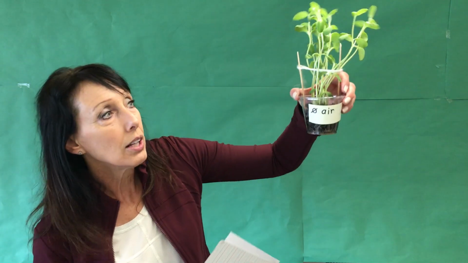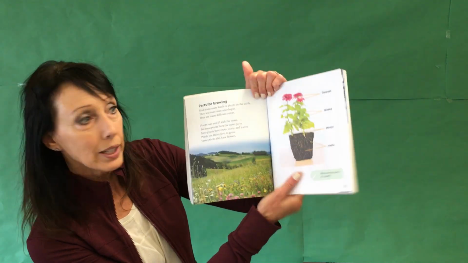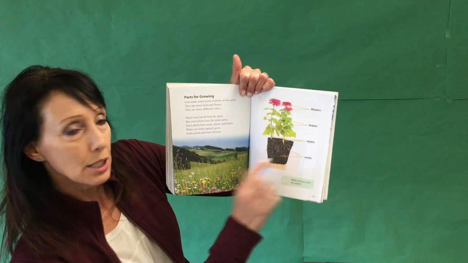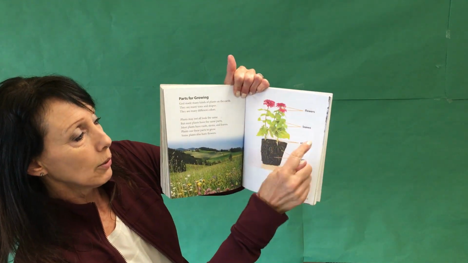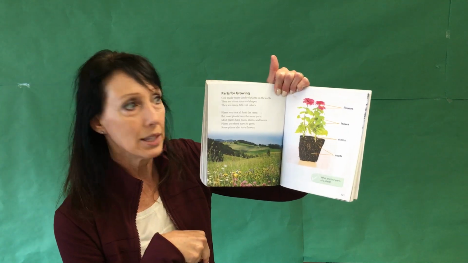When they get nice and tall here, it's going to be the stem. Then you'll just need to label it like we did earlier in our book. If you want to go back and review the diagram here on page 123, I'm not going to show you what the test looks like just yet, but it's going to look similar to this. You're going to label the flowers, the leaves, the stems, and the roots. So you shouldn't have any problem with this test.